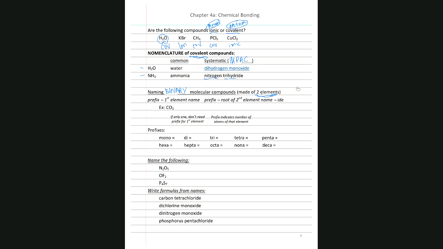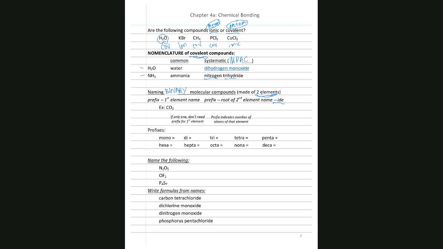Basically the structure is that you use a prefix in front of each element name that indicates how many atoms of that element are in the compound. For the first element, you use a prefix and then the element name. For the second element, you use a prefix, the root of that element, and then it ends in "ide."